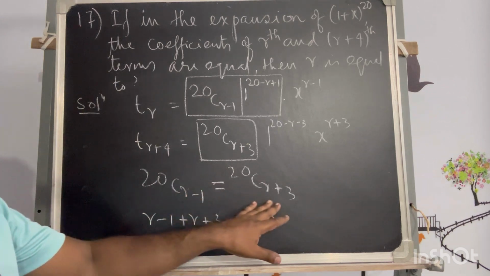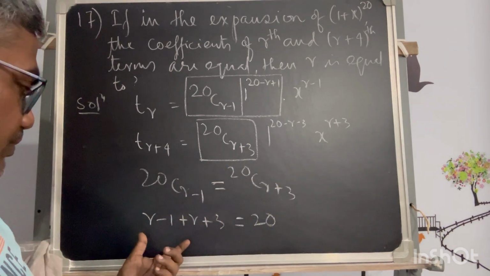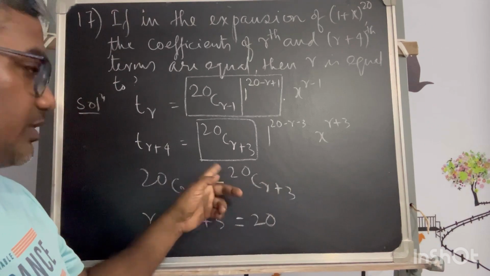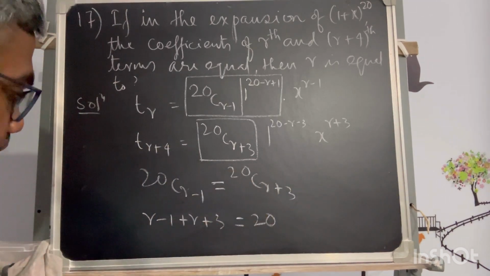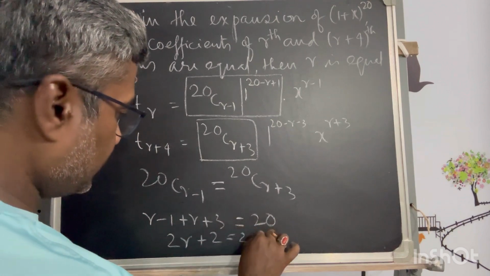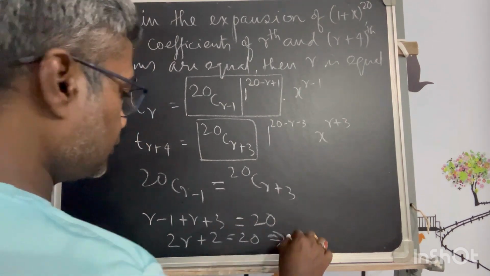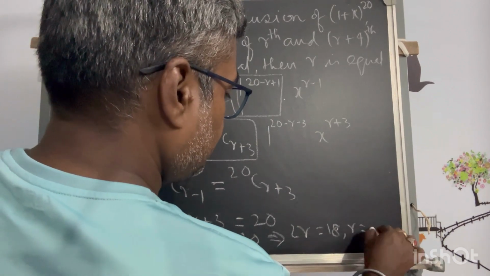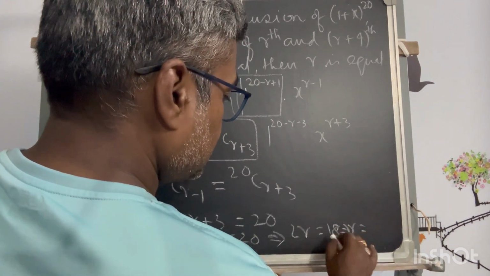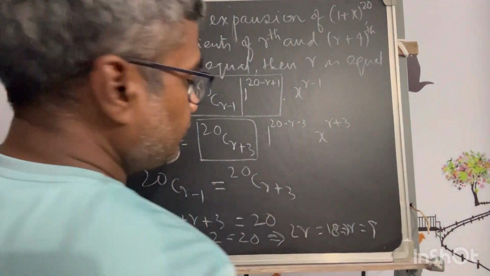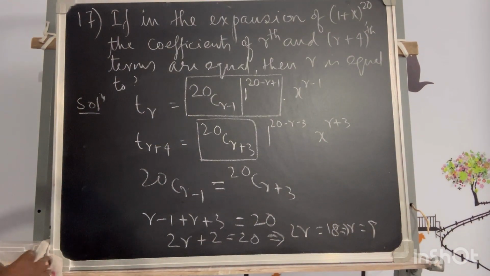So equalizing these will not serve my purpose. The second rule is that the sum of the two is equal to 20 if the coefficients are the same. So r plus 1 plus r plus 3 gives 2r plus 2 equal to 20, so 2r is equal to 18, which implies r is equal to 9. So your value of r is 9 here.